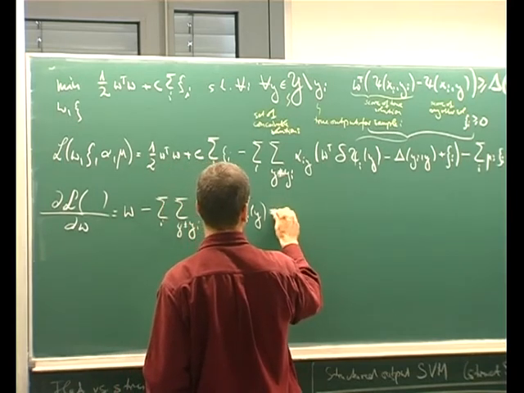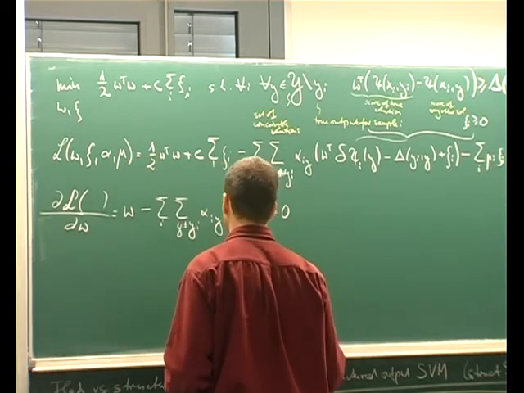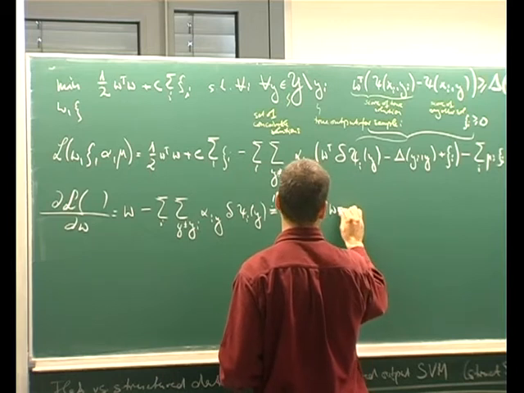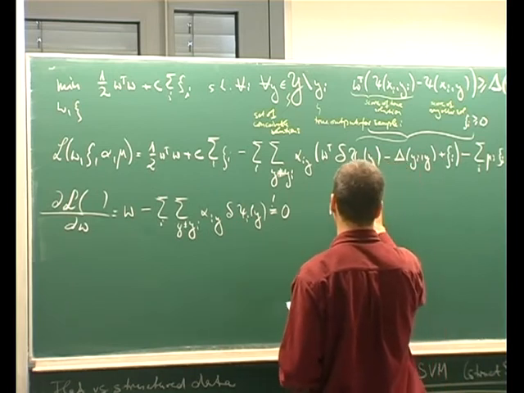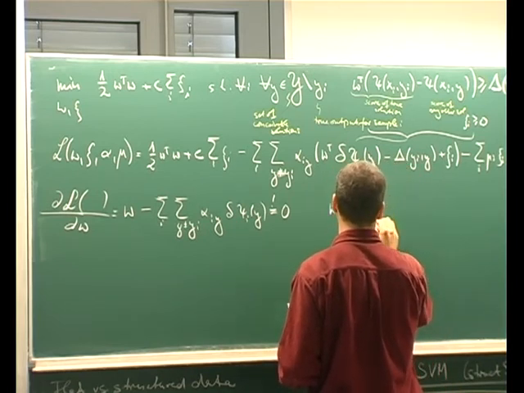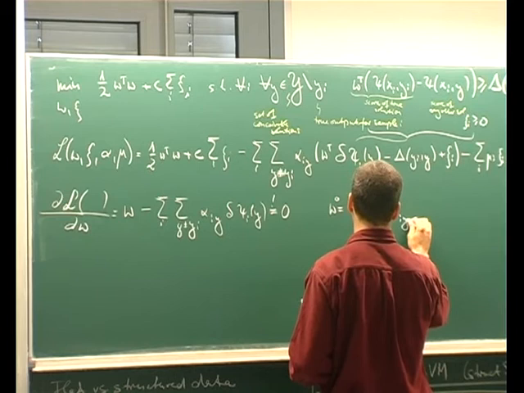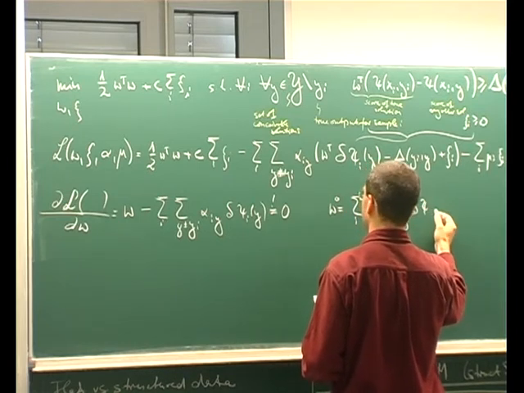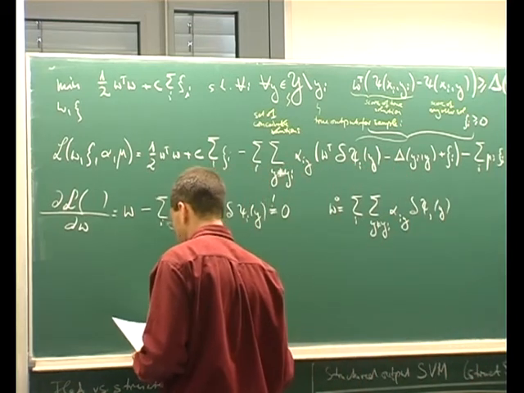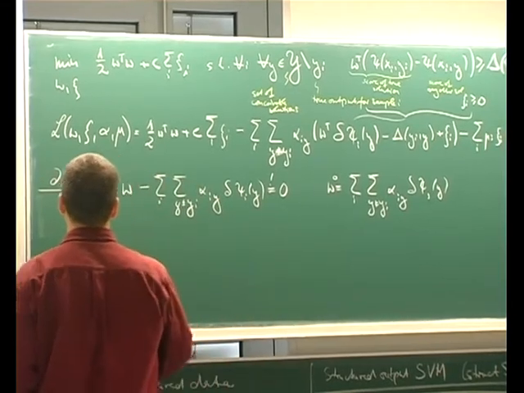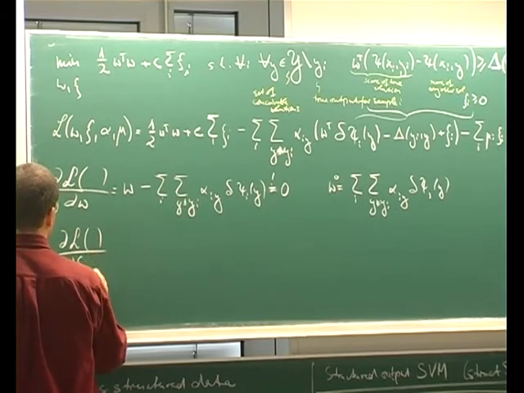And as always, we want to minimize with respect to w, so we set this to 0 and obtain an expression for w that is a little reminiscent of what we had seen before. And secondly, we differentiate with respect to psi.